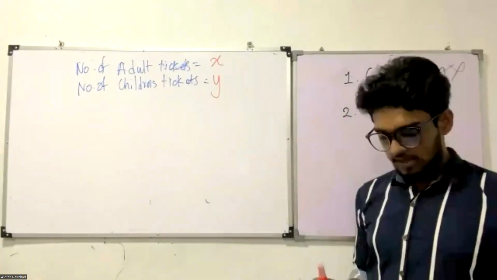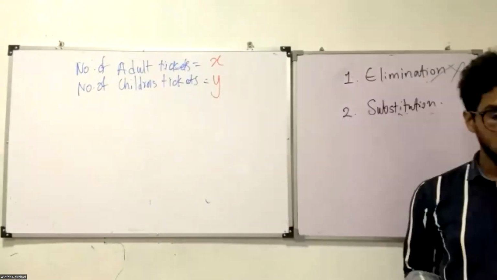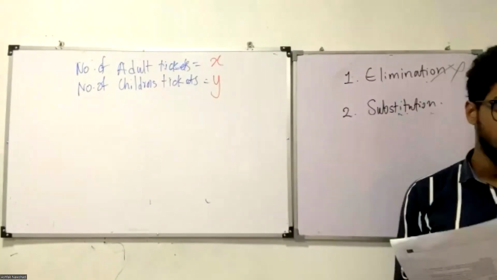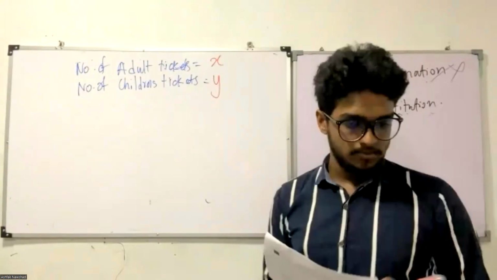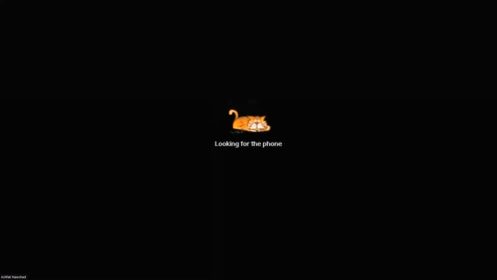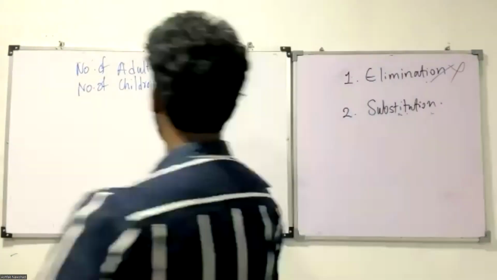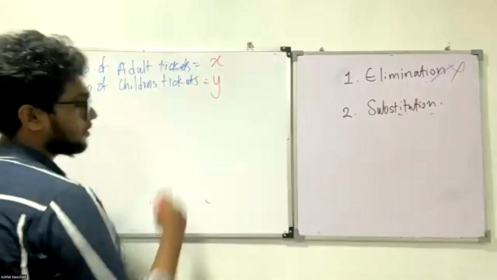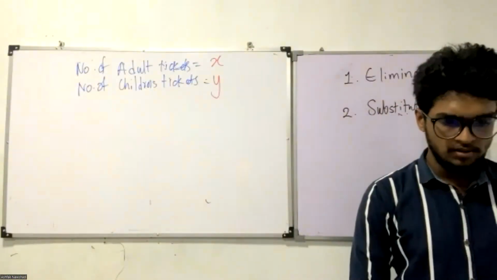Okay. Now let's read the first sentence. A total of 925 tickets were sold. This question is a bit tricky. You must understand the scenario. They say a total of 925 tickets.